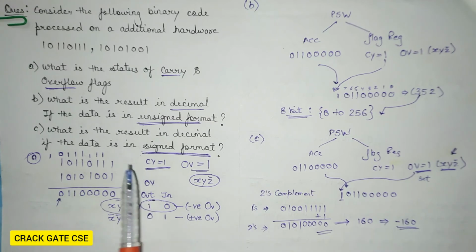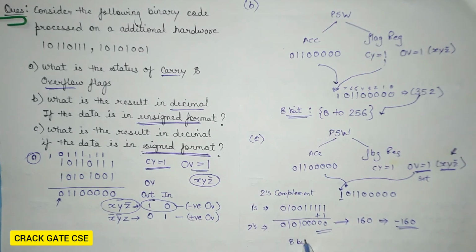But if you are having 8-bit data, what will be the range for the signed data? So let me write down the range for 8-bit data in case of signed. In signed, we know that the value lies from minus 2 to the power n minus 1 to 2 to the power n minus 1, minus 1. So if you place n as 8, it will be 2 to the power n minus 1, that is 8 minus 1 is 7.